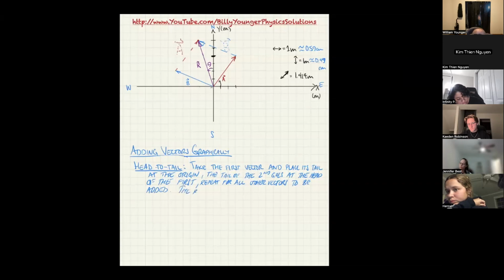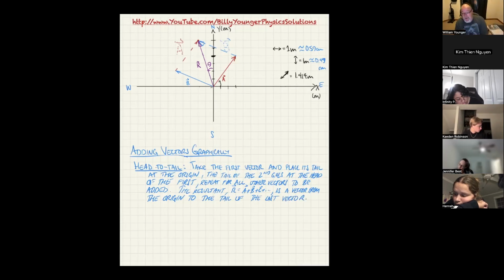The resultant is a vector from the origin to the tail of the last vector. Does that make sense to everyone?